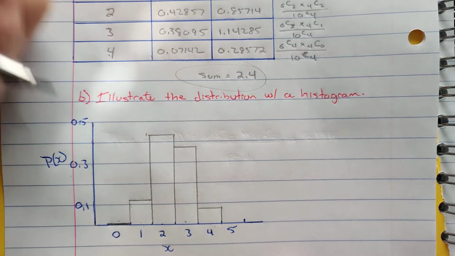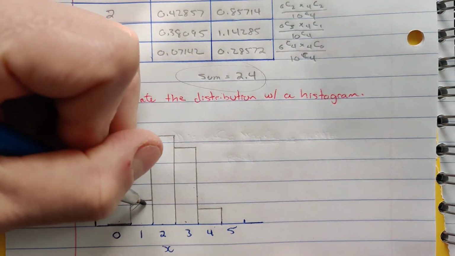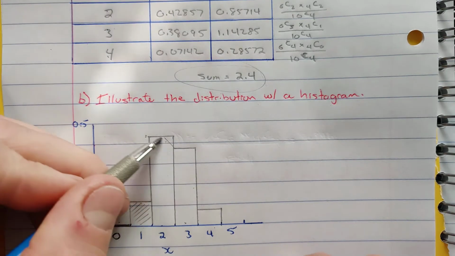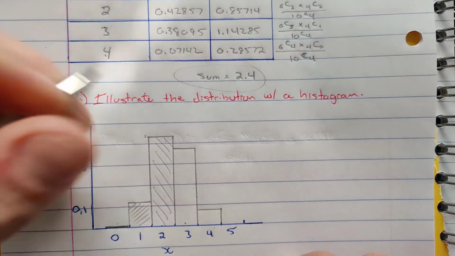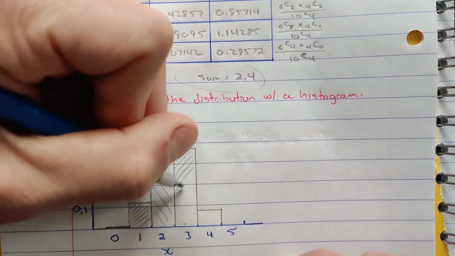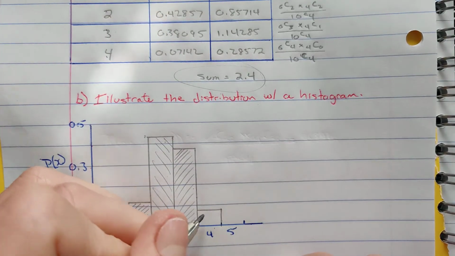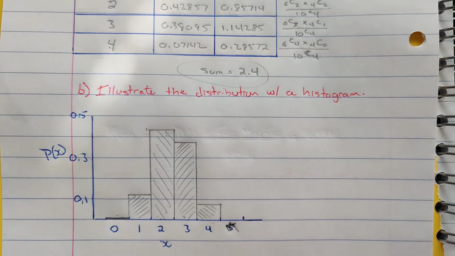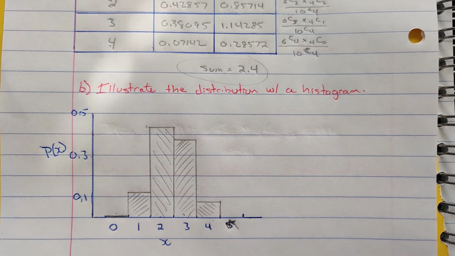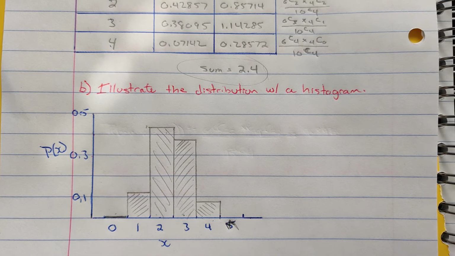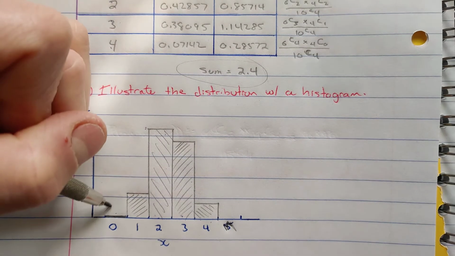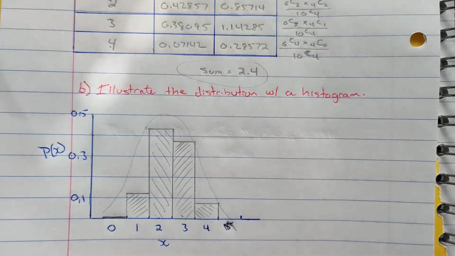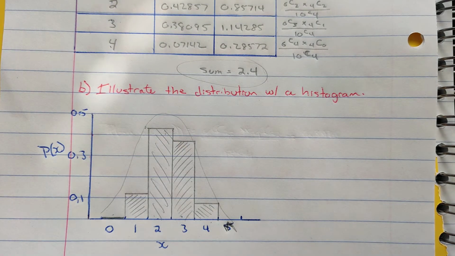So we have our 0, we have our 1 here, we have our 2, we have our 3, and we have our 4 jelly bean selection. There is no 5th selection at all, so we can scratch that one off. So there's our distribution, and we see that it's somewhat of a bell type shape, slightly skewed over to the left side.